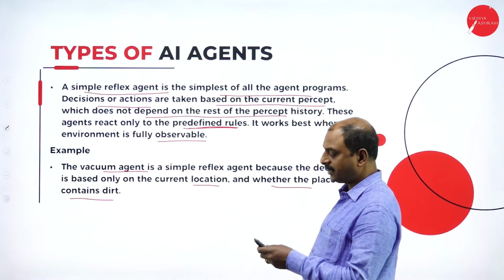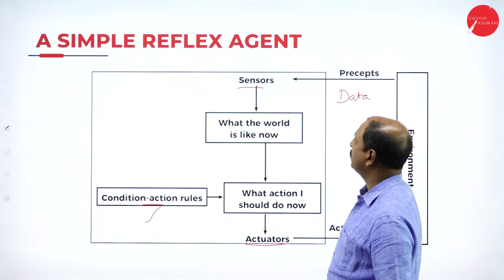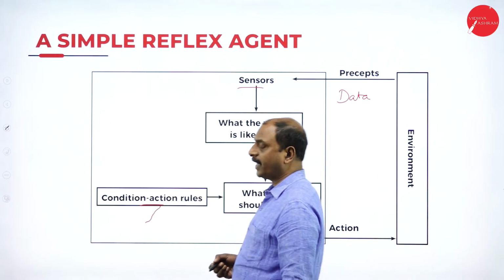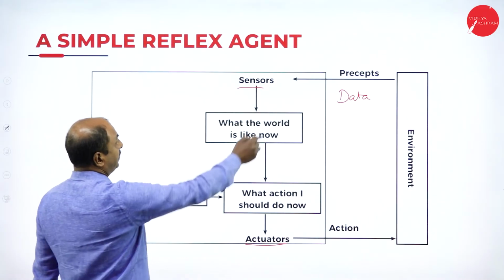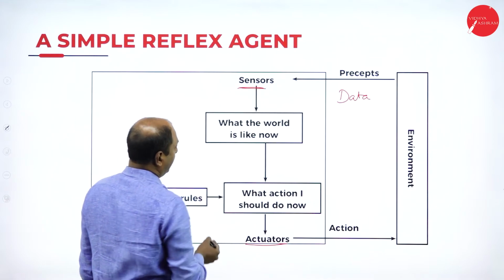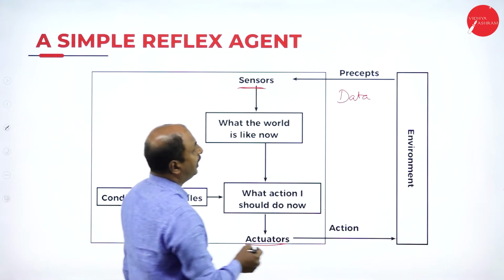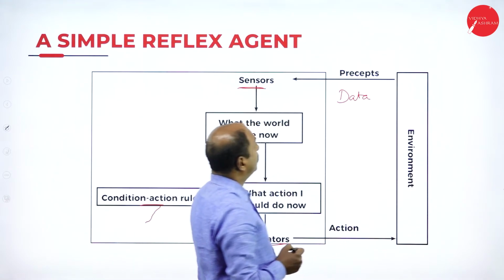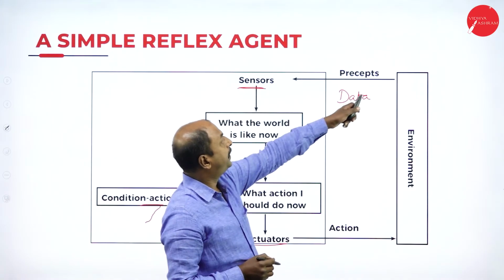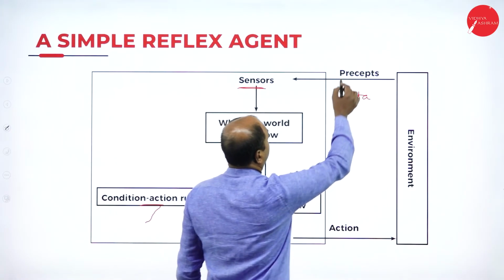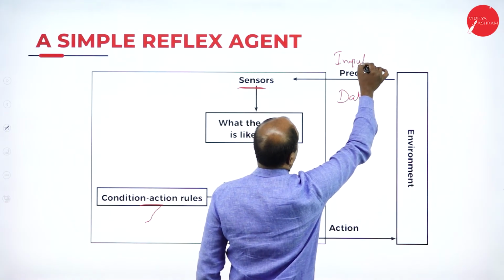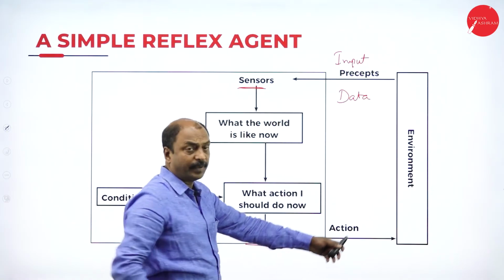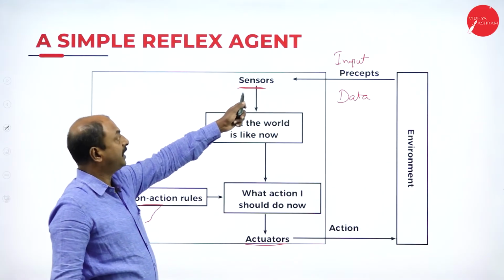Now let us see this through the diagram. This is an example diagram of a simple reflex agent. As I told, this agent has sensors and actuators and this environment. This type of agent takes the input from the environment through the sensors.